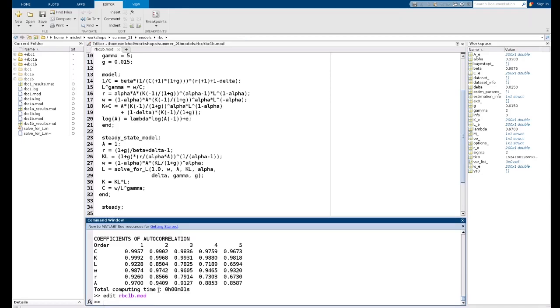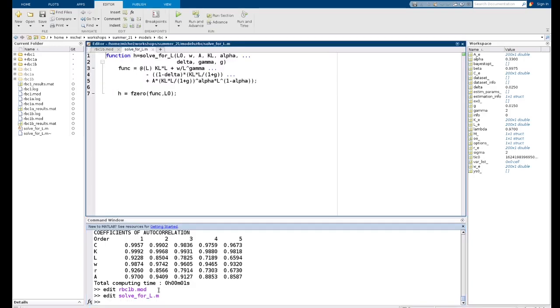And the solve_for_L function must be in a different M file that's directly written in MATLAB, solve_for_L.m. And again, it is the same thing I showed you before on the slides. So I hide that.